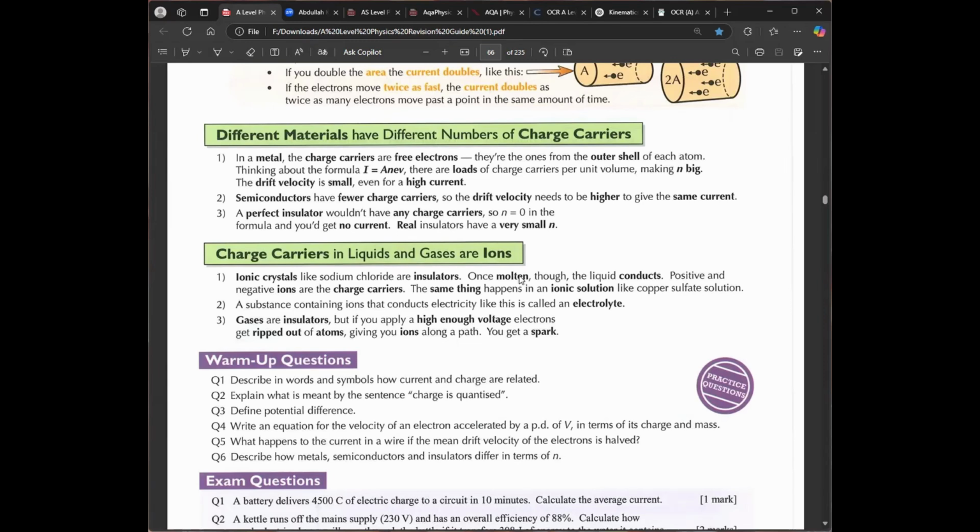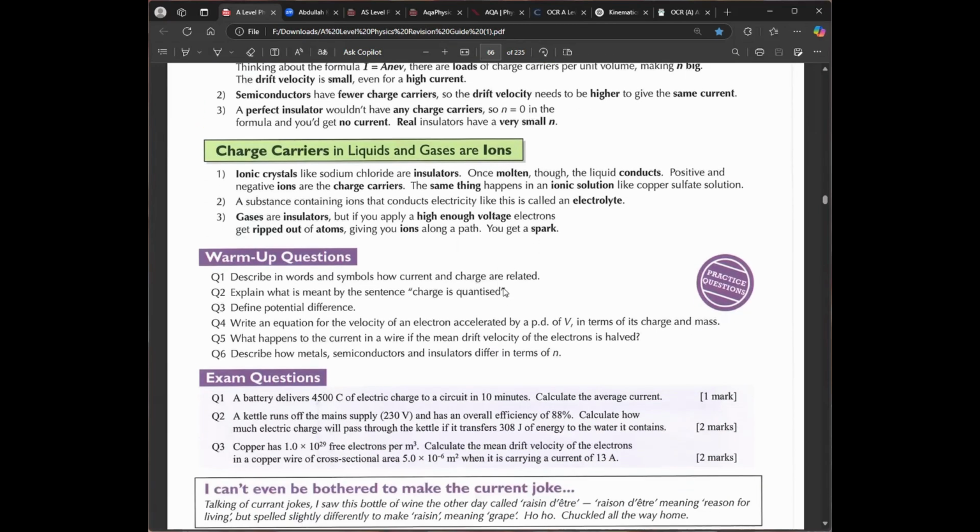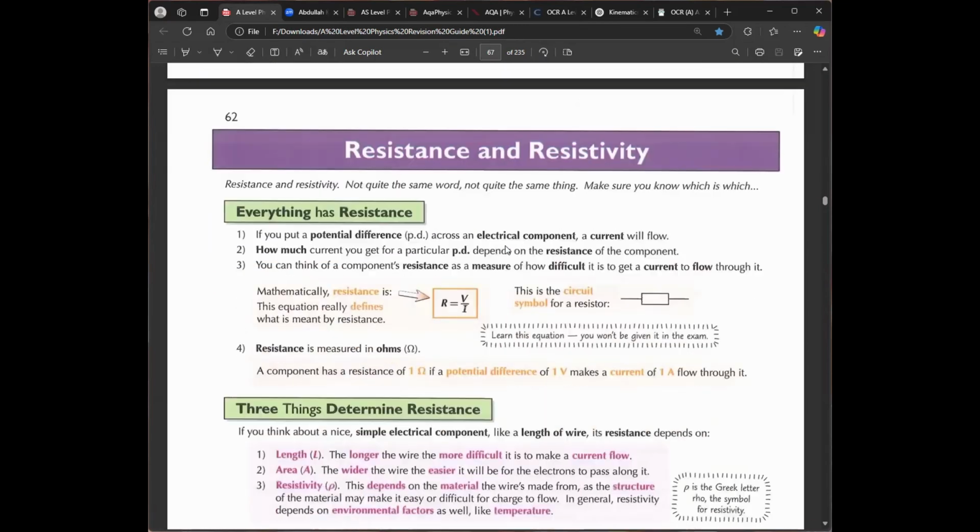So if you have table salt, obviously it won't conduct any electricity like that. Either it should be molten, so in molten form they are in the form of charges, or they can be in an electrolyte, because these are the only two ways you can split them into positive and negative charges. So that is what it says here. That is the only important bit in this.